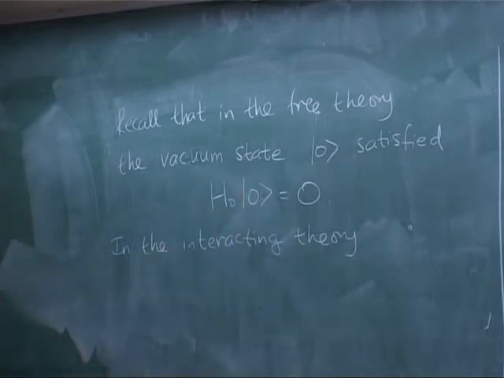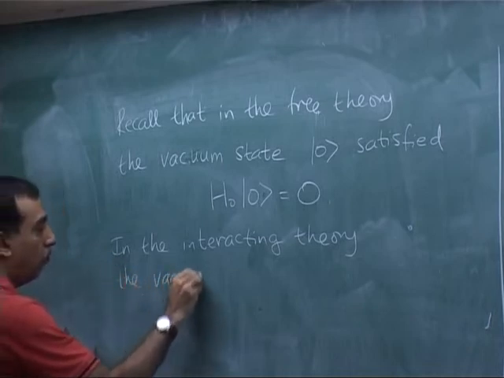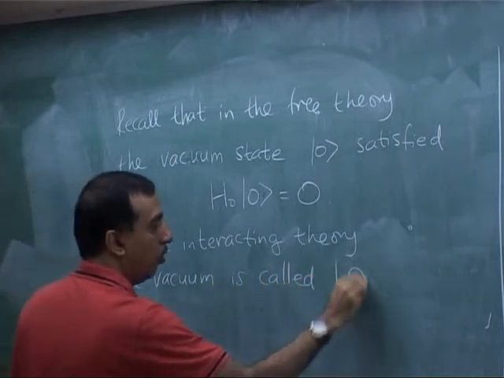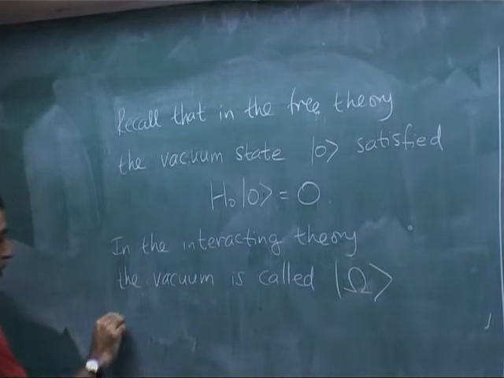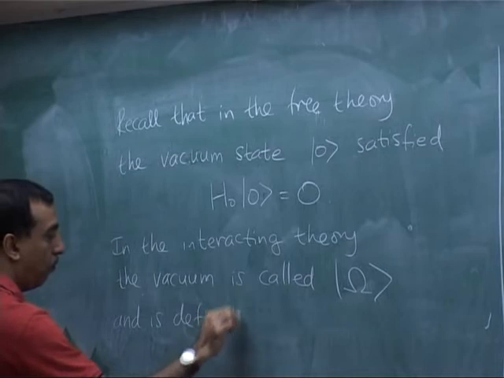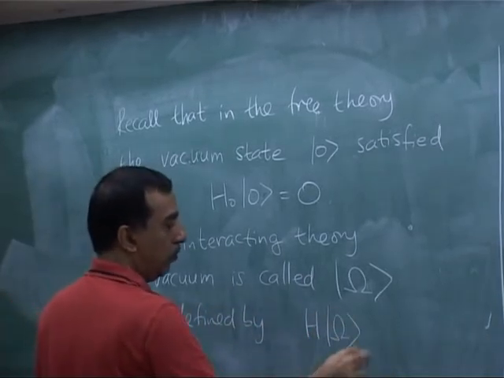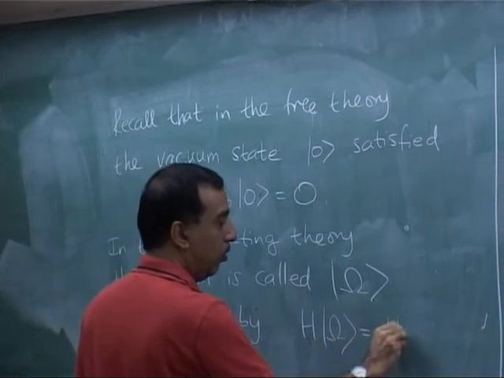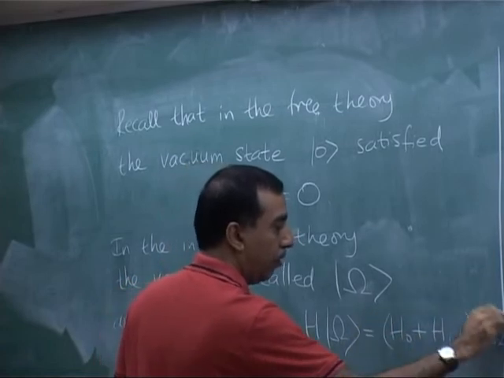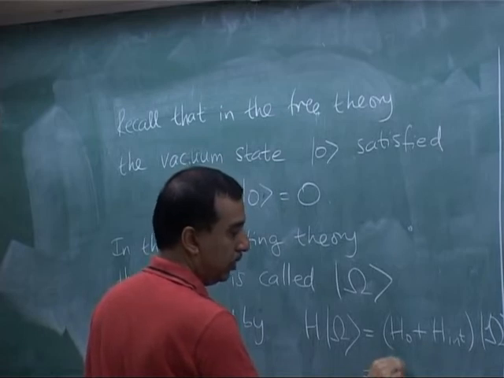So therefore we give a new name. The vacuum is called omega, and it's defined by H omega, which is the same as (H0 plus H_int) omega, is minimum.